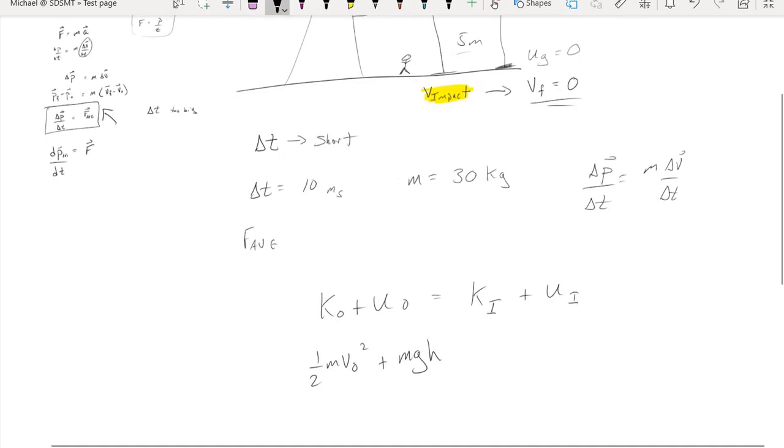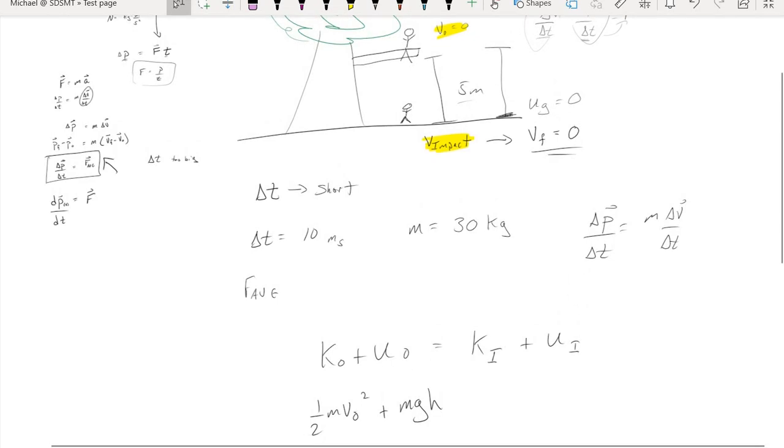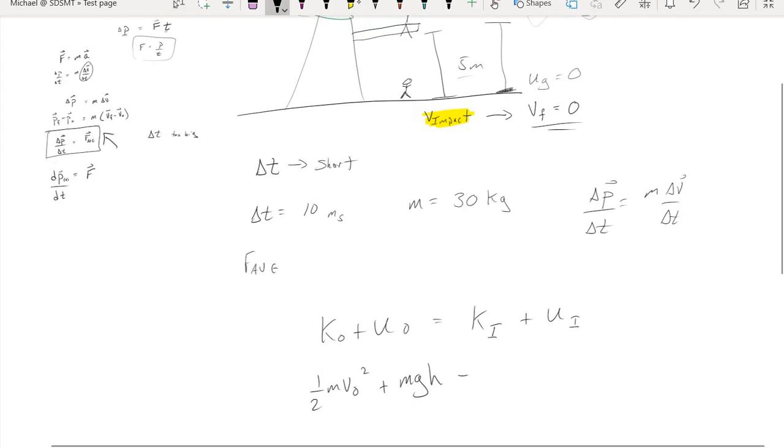So our initial potential energy becomes the mass of the child times g times h, which we know is 5 meters. That will have to equal the final kinetic energy at the impact site plus the final potential energy at the impact site.